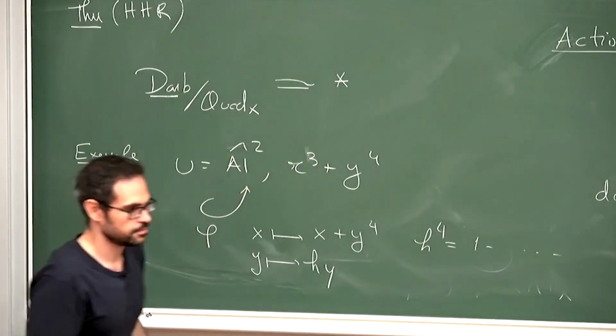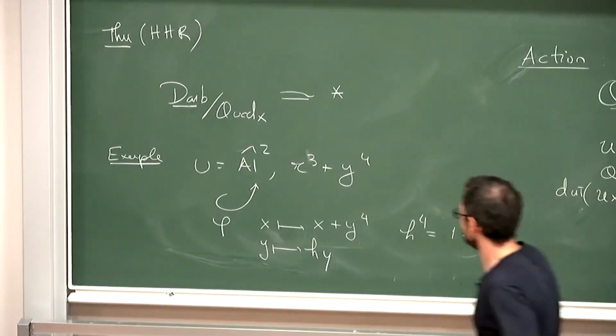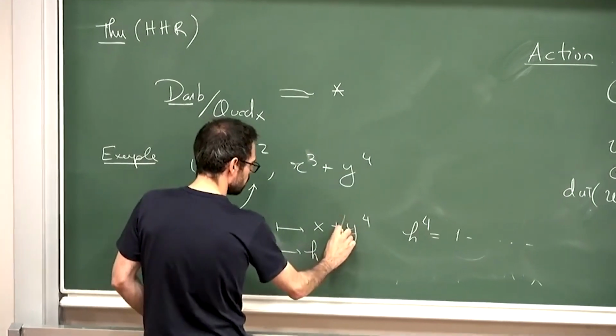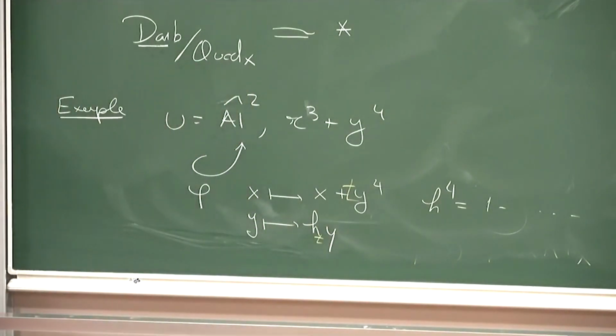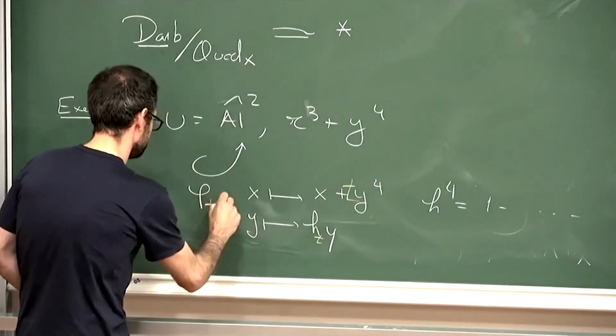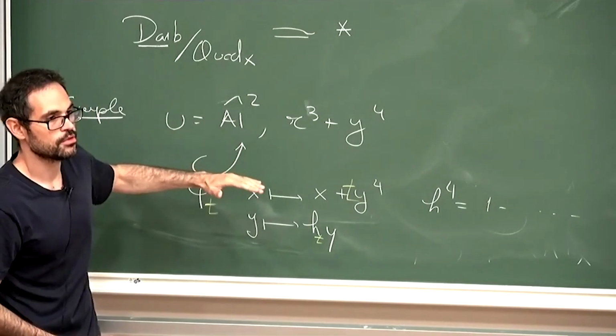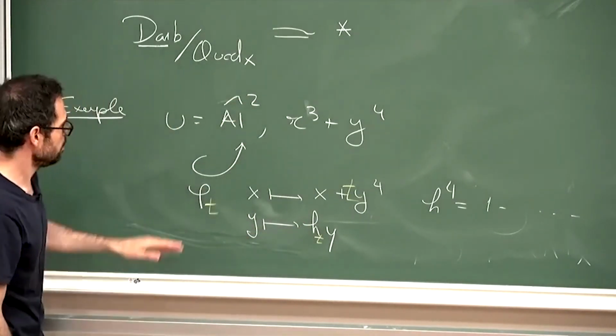But you can do a bit of magic here and multiply by t. So you can build a one-parameter family of automorphisms that interpolate between this one and the identity.